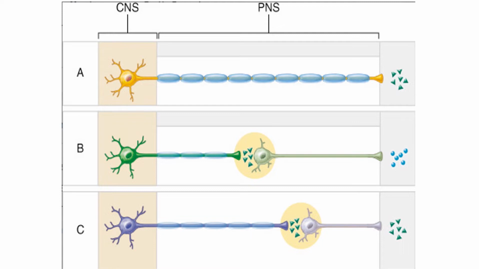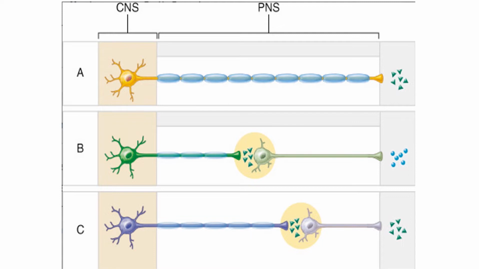If you go to B, the middle one, you can see that a neuron is sending an axon, and this axon is going to end in a ganglion, and this ganglion has another cell body which is going to send an axon to the target organ.